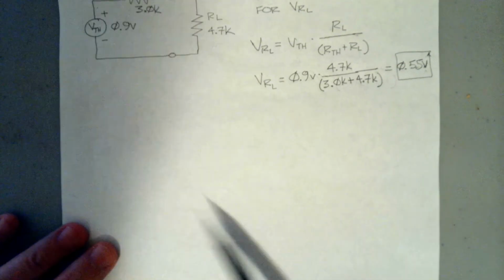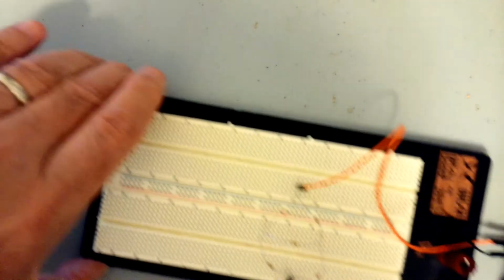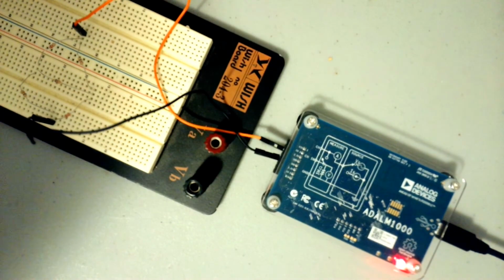And what I'm going to do now is slide my A-down board in here. You can see that I've got the A-down 1000 in there, and I'm connected to, let's see if we can actually get it down here.